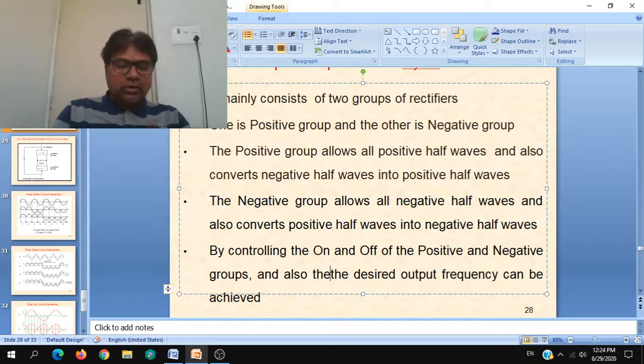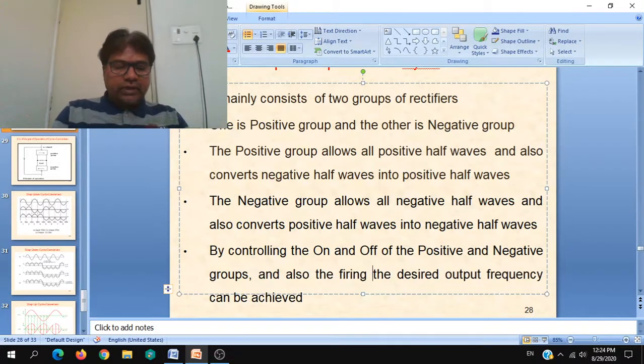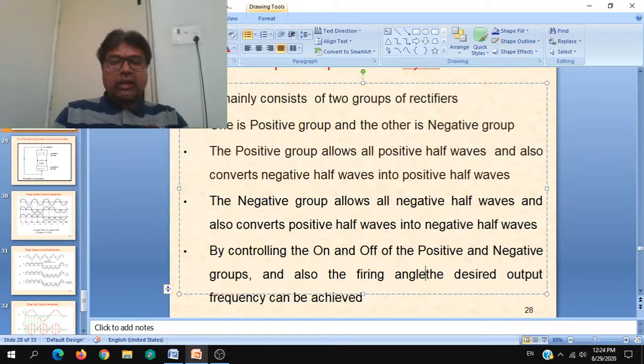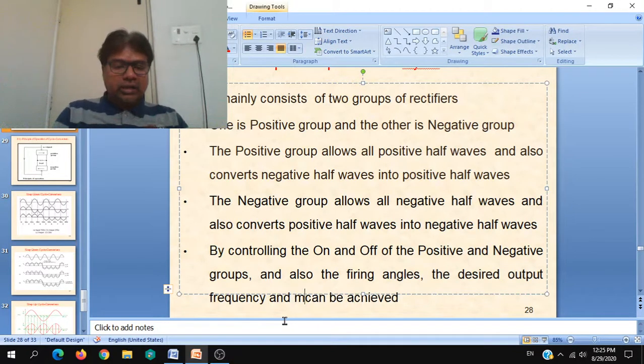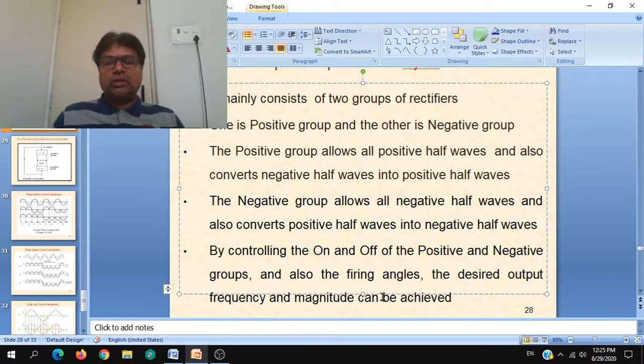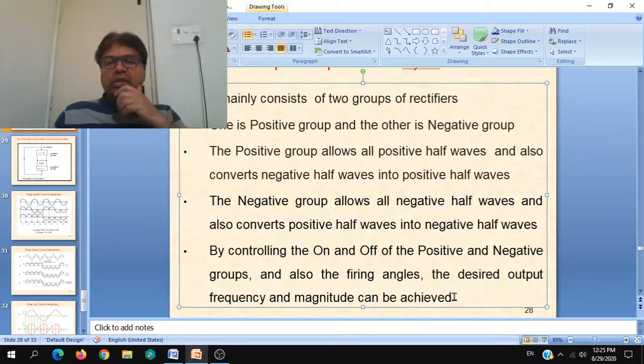Also, by the firing angles, the desired output frequency and magnitude can be achieved.